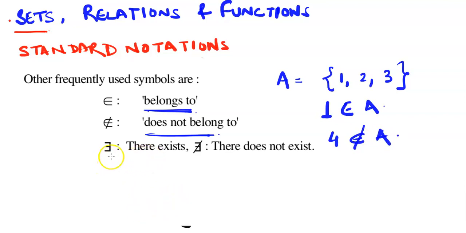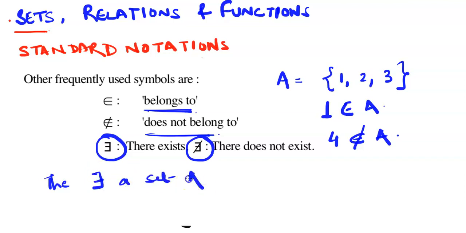Similarly, there is another symbol called exists or does not exist. So there exists a set A for which 1 belongs to A. So we'll say there exists something, and there are some elements which belong to what exists.